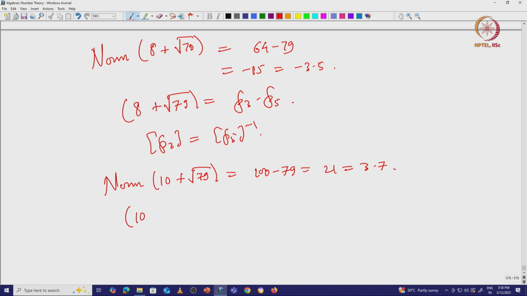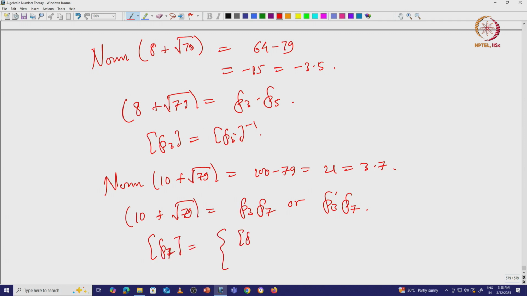In particular we can only say the following: this is P3 times P7, we can rename P7 though, or it is P3 prime times P7. So P3 P7 is either equal to P3 inverse or to P3 prime inverse. Anyway, we do not really bother too much about this at this point.